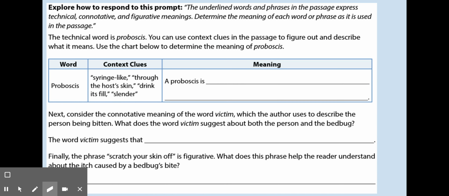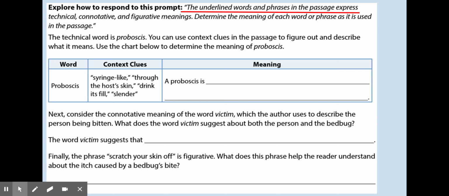All right. So at the bottom of our page, underneath our text, we've got our Explore How to Respond to the Prompt. The prompt says the underlined words and phrases in the passage express technical, connotative, and figurative meanings. Determine the meaning of each word or phrase as it's used in the passage. The first thing we want to make sure we look at is what it's asking us.